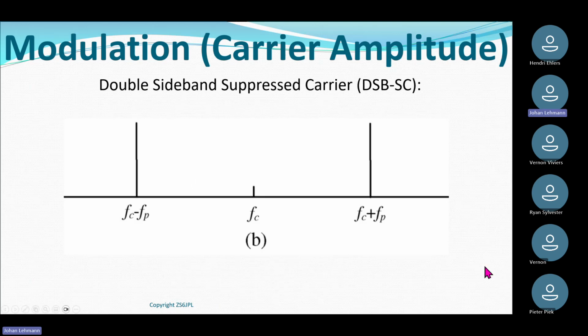Okay. Then the clever guys decided to think of a solution. So one of the methods that they came up with for amplitude modulation is called double sideband suppressed carrier. So what they do is in the transmitter, they filter as much as possible of the carrier out. So in other words, now instead of wasting 2/3 of my energy here, I'm transferring my energy to my sidebands.